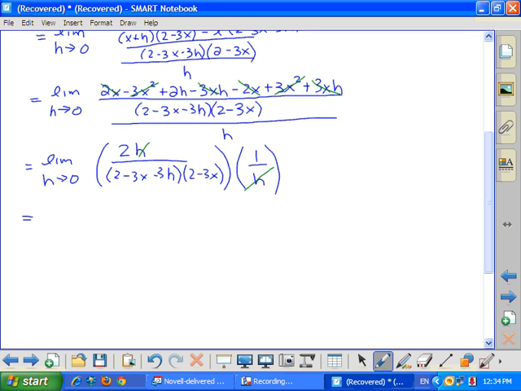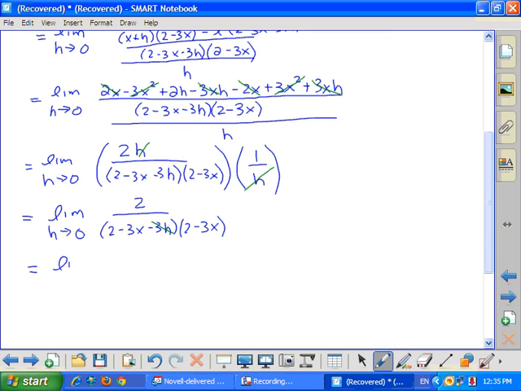Okay, so now I'm back to this original expression. I'll write it out one more time just to clean it up. You don't really have to do this again. But the question is, do I have a problem in the denominator? Will it equal 0 if I put h as 0? So if h goes to 0, this disappears, and we end up with 2 minus 3x.